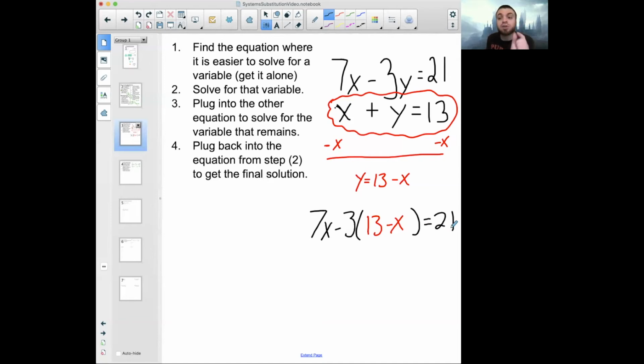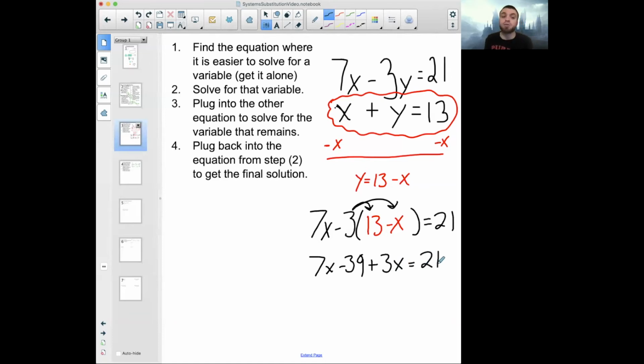But here there's an advantage because now there's only one letter in the equation, that letter is x. So again, do your negatives super carefully. We have 7x, minus 3 times 13, negative 39, negative 3 times negative x, positive 3x, equals 21.